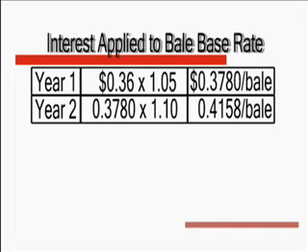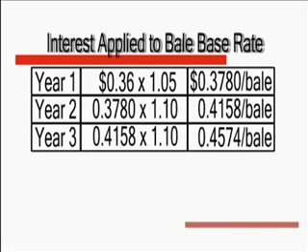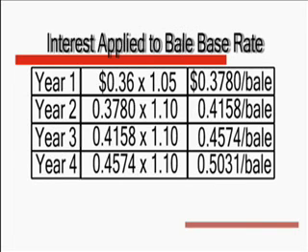The second year can be calculated by multiplying 0.378 by 10% to find that the fee has increased to 0.4158, or a little less than 42 cents per bale. The interest rate remains fixed at this point, so the third year is determined by multiplying 0.4158 by 1.1 to get 0.4574, and so on.